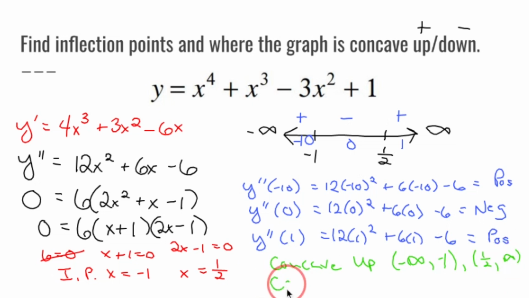It's concave down in the interval where my second derivative was negative, and that happened between negative 1 and a half.